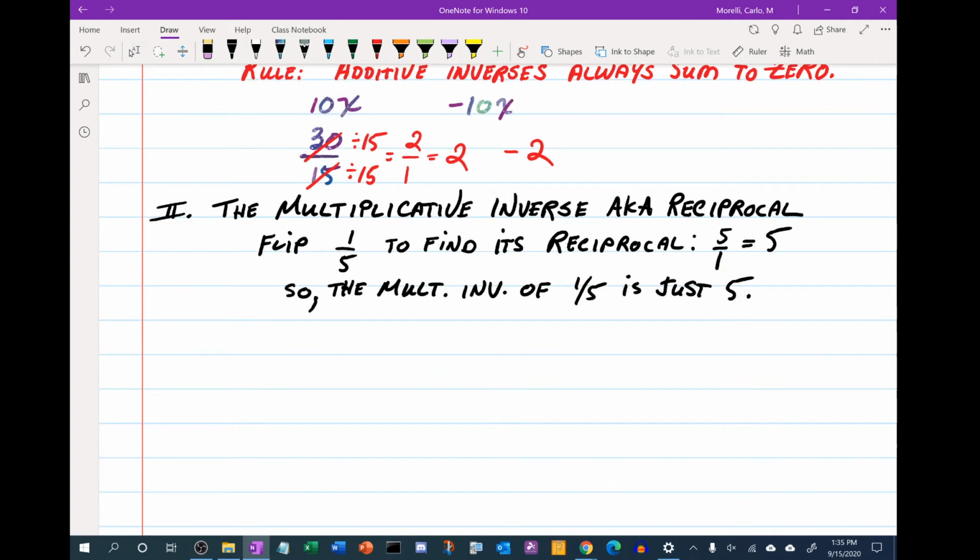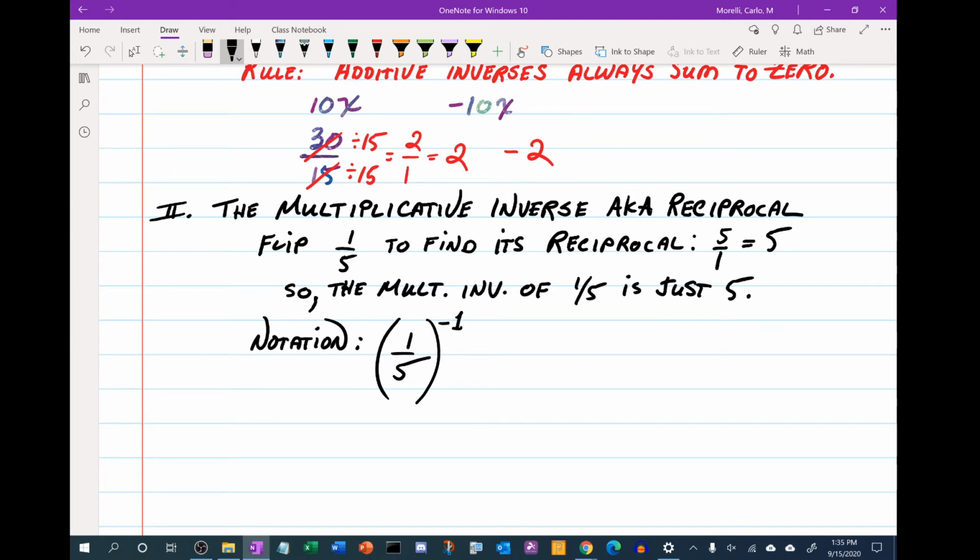Now we're going to make a note called notation. This can be confusing. The way that I ask you for a multiplicative inverse is to write 1 over 5, but put it in parentheses, and then put a negative 1 out here in the exponent section.